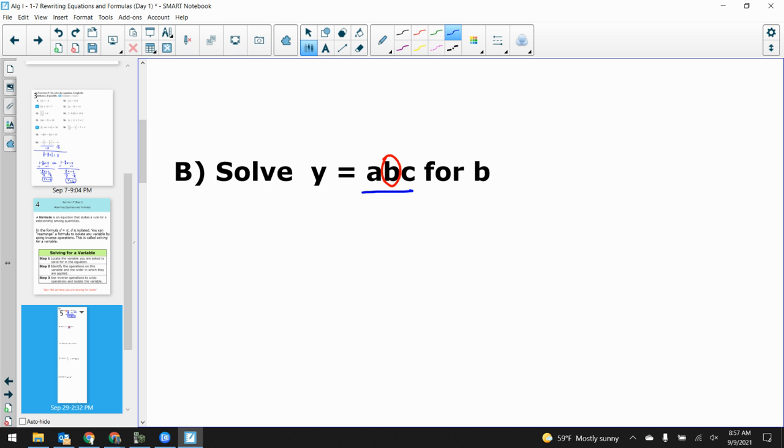I multiplied by A and C, so I can divide by A and C, at the same time, on the same step. So since I was multiplying by A and C, I'm dividing by A and C, which gets me y divided by AC is equal to B.